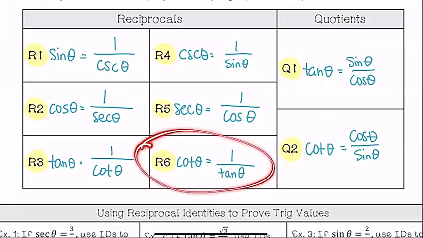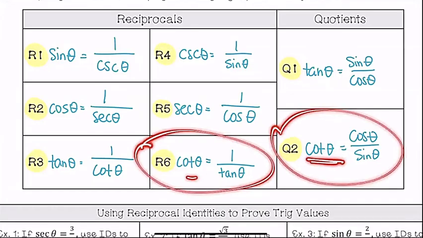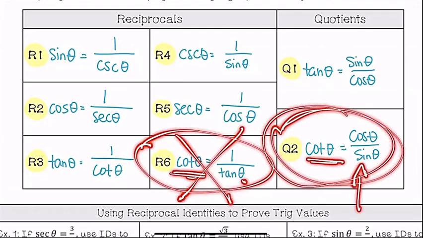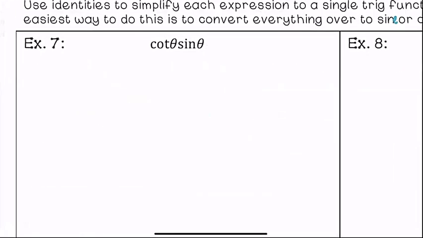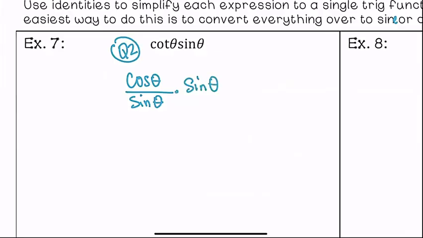I only have 2 that start with cotangent. This one isn't going to work because it goes to tangent, so it doesn't really help me. But this one does work. It goes to cosine over sine. So per Q2, cotangent is the same thing as cosine over sine. And then I was already multiplying by that sine. That sine didn't change because it was already a sine.